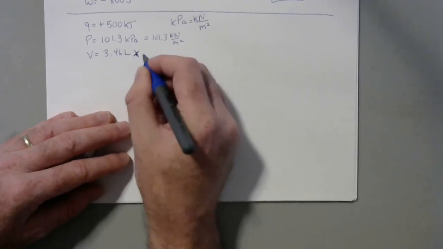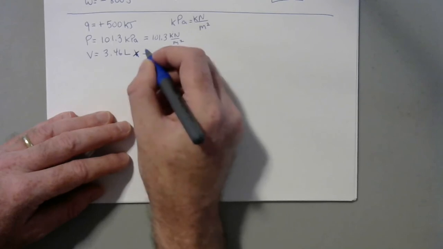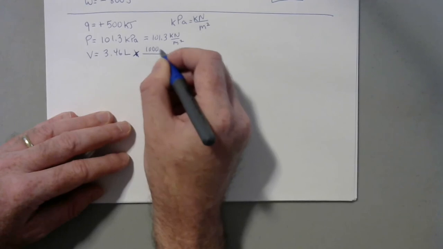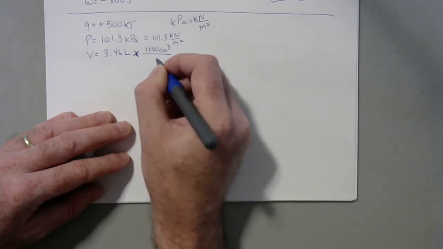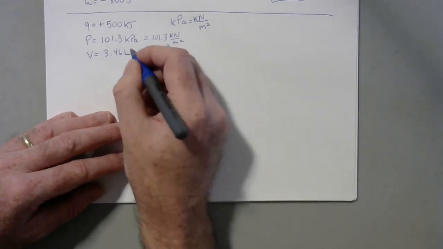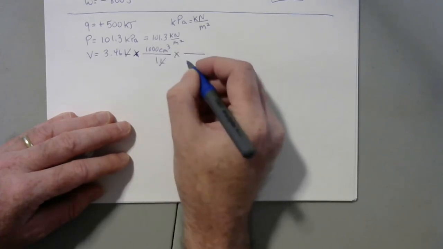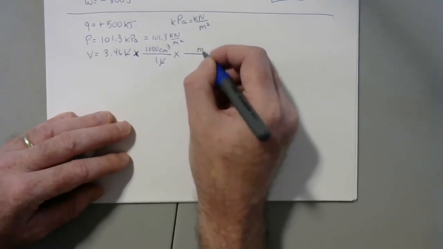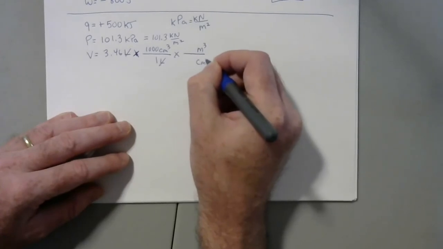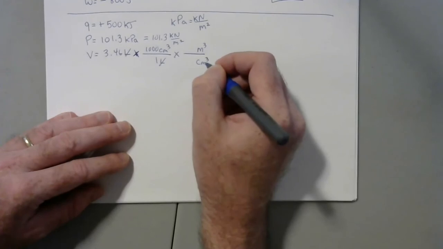Now, to get the volume, we're going to put in our conversion factor. There's 1,000 centimeters cubed per 1 liter. That's just a basic unit conversion. Then we have to cube the conversion factor, so per meter cubed compared to centimeter cubed, there are 100 centimeters in 1 meter.